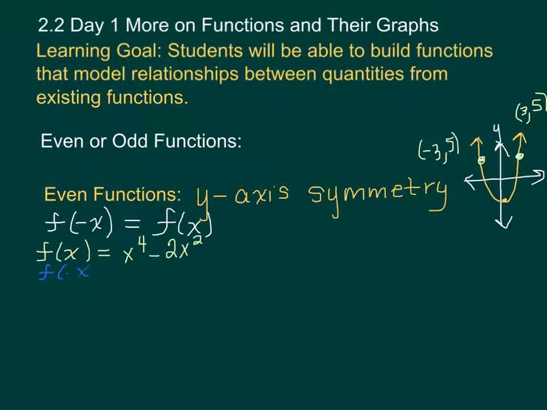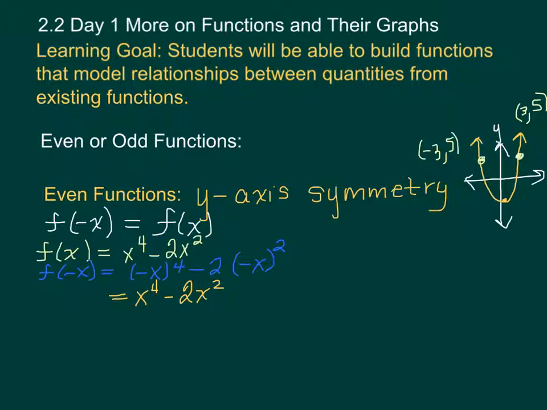So if I make all my x's negative, and then I simplify this, negative x to the 4th power is still positive x to the 4th. And negative x squared is still x squared, and x squared times -2 is still -2x squared.